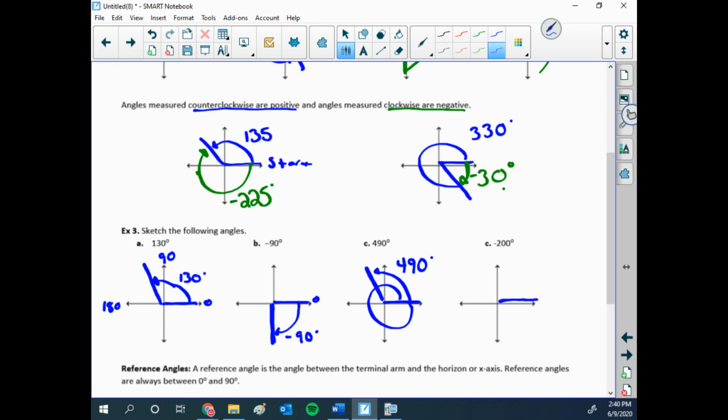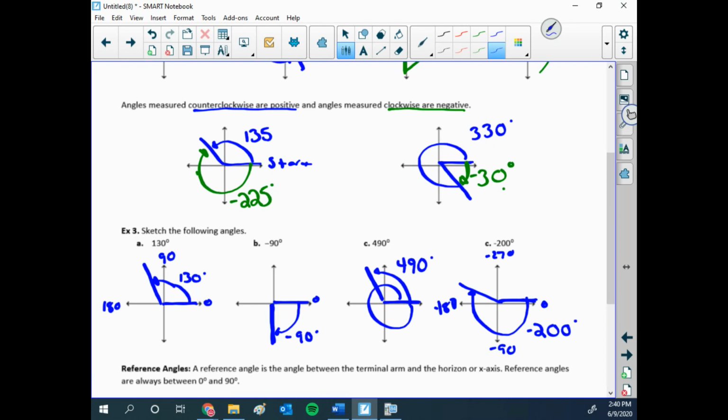Negative 200. Again, I'd start at my x-axis and go negative. So this is 0, this would be negative 90, this would be negative 180, and this would be negative 270 if I'm going clockwise. So my terminal arm for negative 200 degrees would be somewhere around there.